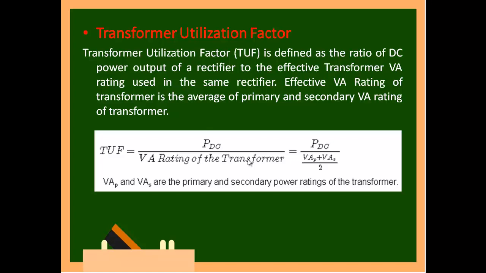So see, if I want 5 volt, I should not put a transformer on my input side with output voltage of 230 volt. If I put an output voltage of 230 volt with a diode rectifier and do all such things, that is waste. I have not properly utilized that particular transformer, so you will have more loss. Okay, so that is called transformer utilization factor, TUF.